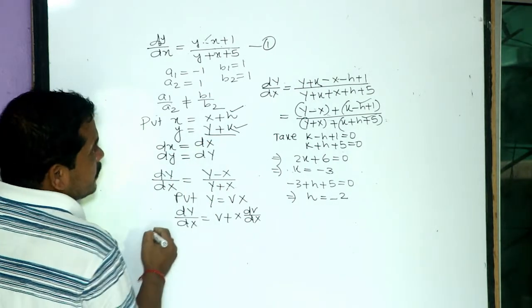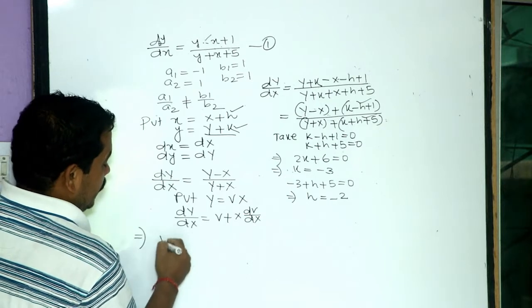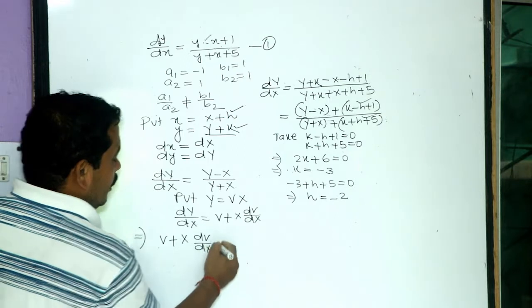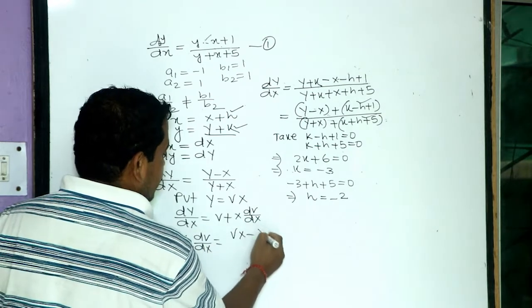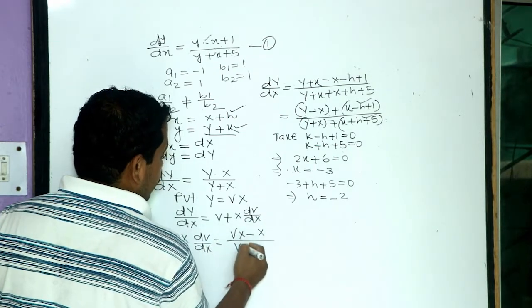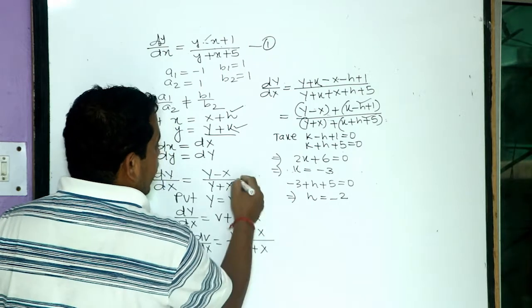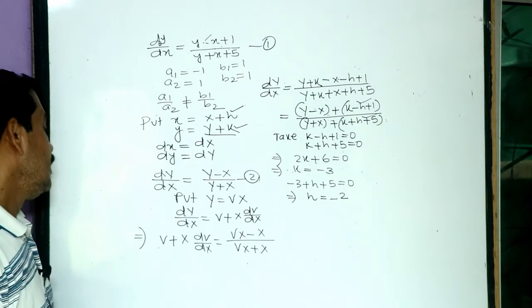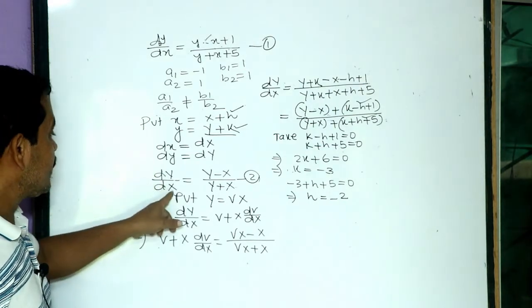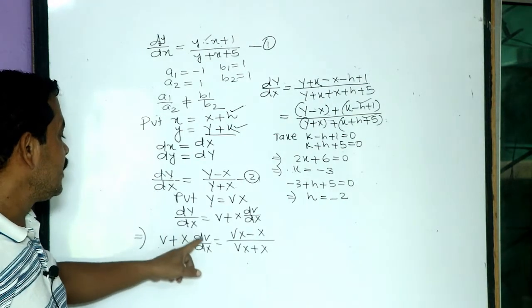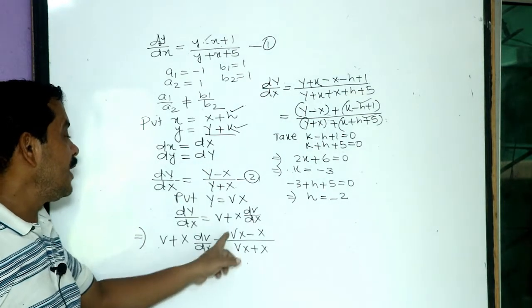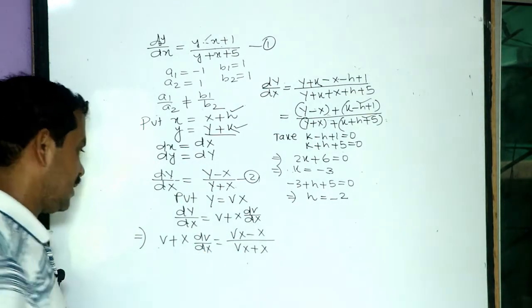Now the differential equation becomes v plus X dv by dX equals vX minus X by vX plus X. Take it as equation 2. Instead of dY by dX, we write v plus X into dv by dX, and the right hand side becomes vX minus X by vX plus X.